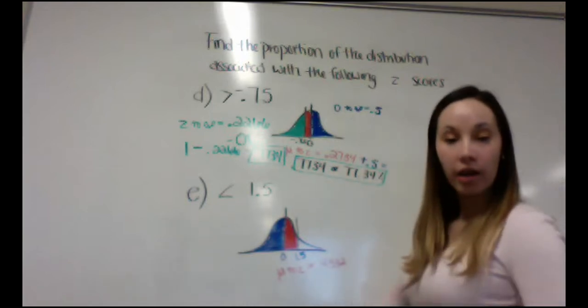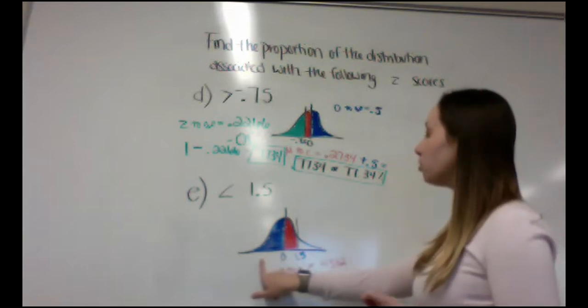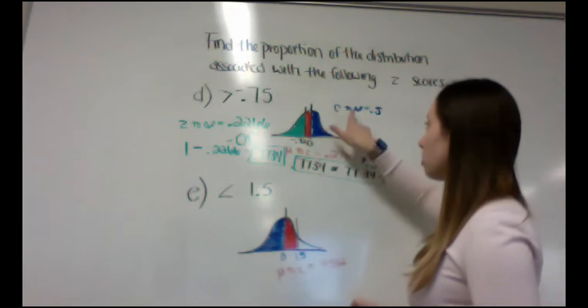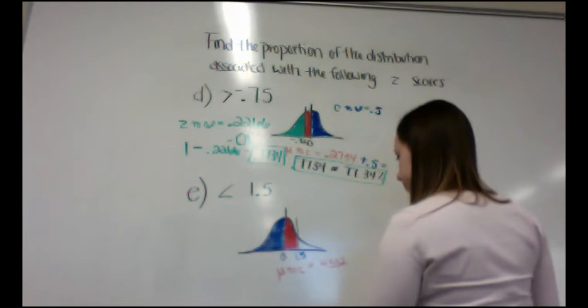So in order to get our answer, what do we need to do? We need to add our blue piece. And remember what I said earlier with our blue piece, the proportion from 0 to infinity is always 0.5. So we just add 0.5 to that.